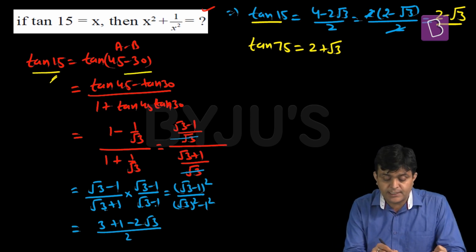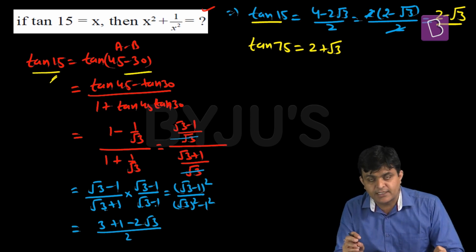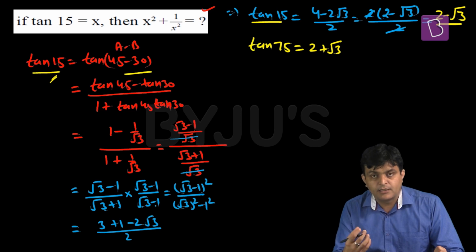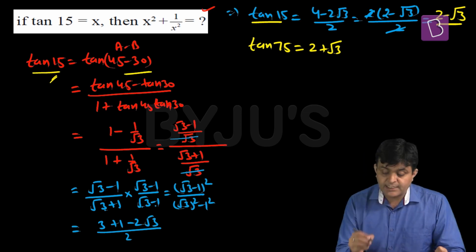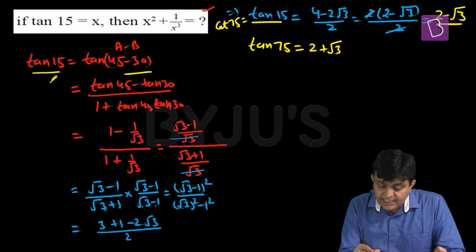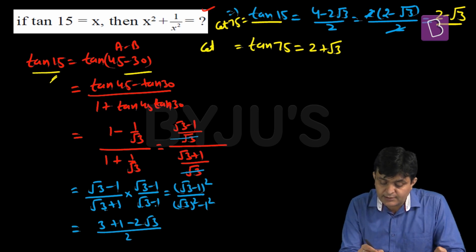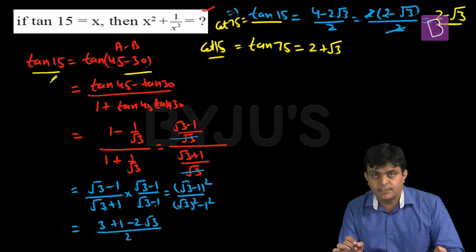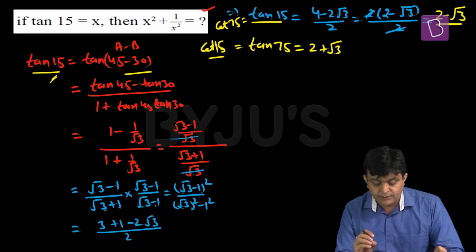Similarly we can operate this a minus b formula for sine as well as cos. We will do it when we need. Can I write tan 15 is equal to cot 75? We know when the angle sum is 90, cot and tan are equal. As it is cot 15 also. Done? So finally you have to remember the values of 15 and 75 as well.